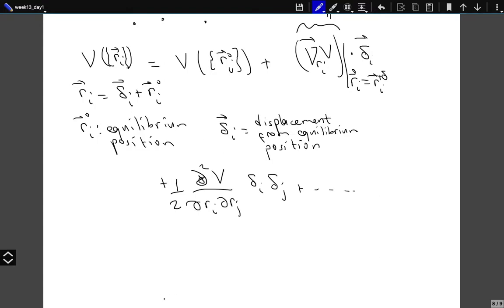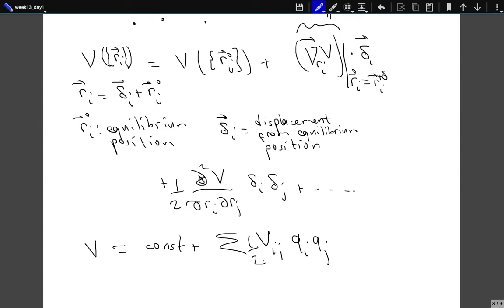Now let me just switch to some generalized coordinates rather than using the positions. You can just imagine the generalized coordinates as different components. So the potential of the system will be mainly some constant plus 1/2 Vij Qi Qj.